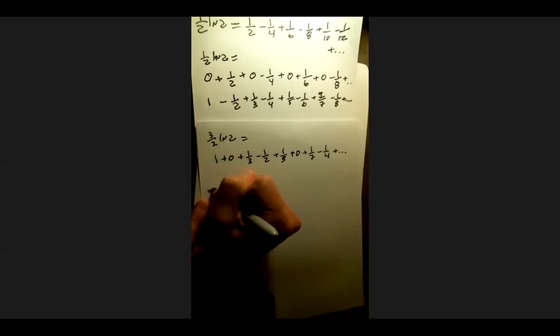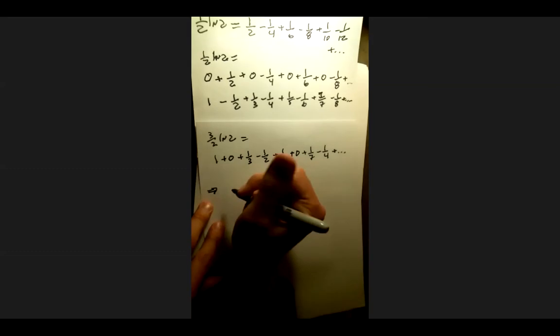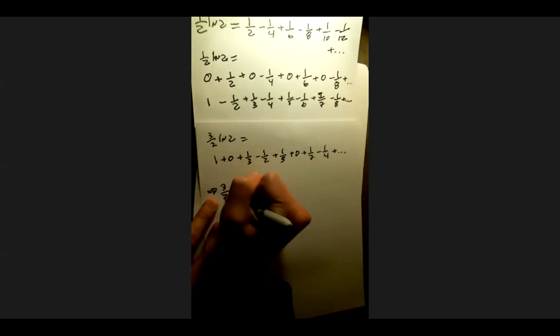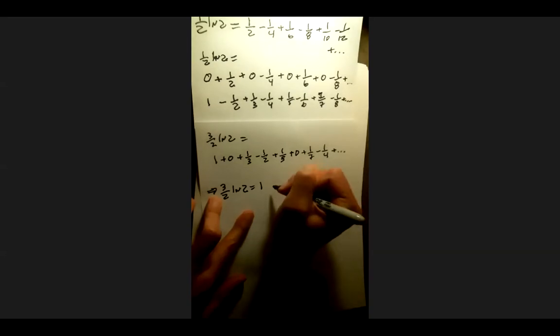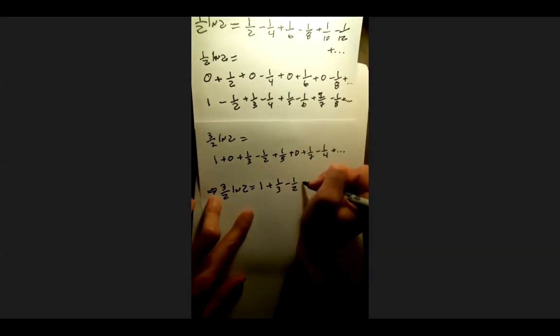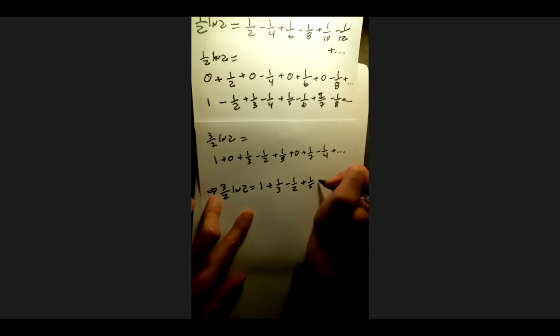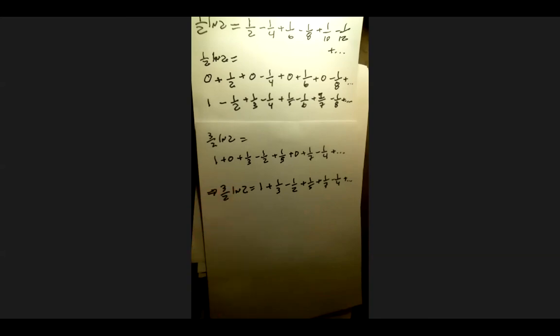Let's clean that up and get rid of the 0. So this would be 3 over 2 ln 2 is equal to 1 plus a third minus a half plus a fifth plus a seventh minus a fourth plus dot, dot, dot.